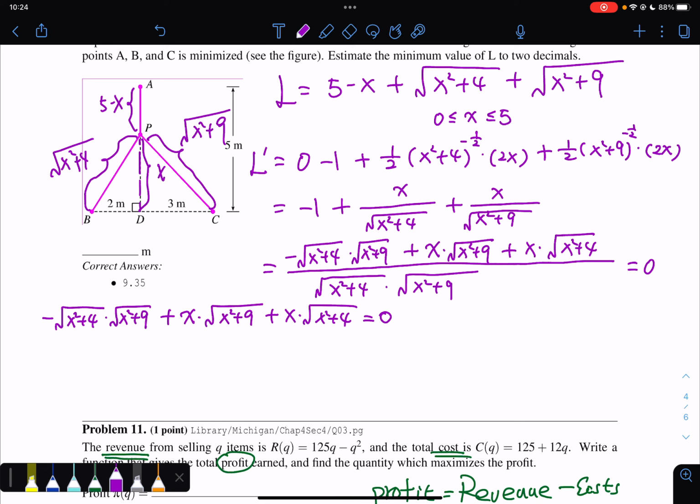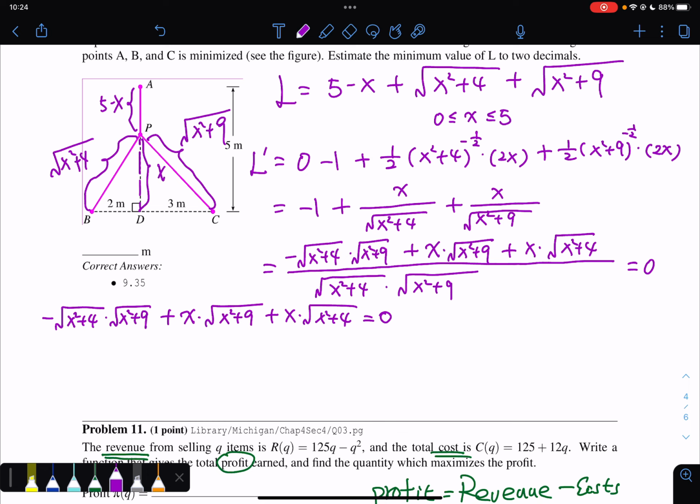We want to solve for negative square root of x squared plus 4 multiplied by square root of x squared plus 9, and then add x times square root of x squared plus 4, and then add x times square root of x squared plus 9. This whole thing equals 0. Let's see how good Symbolab is.